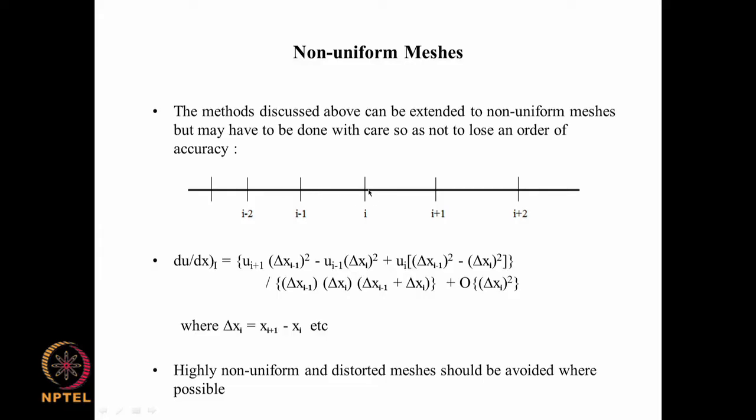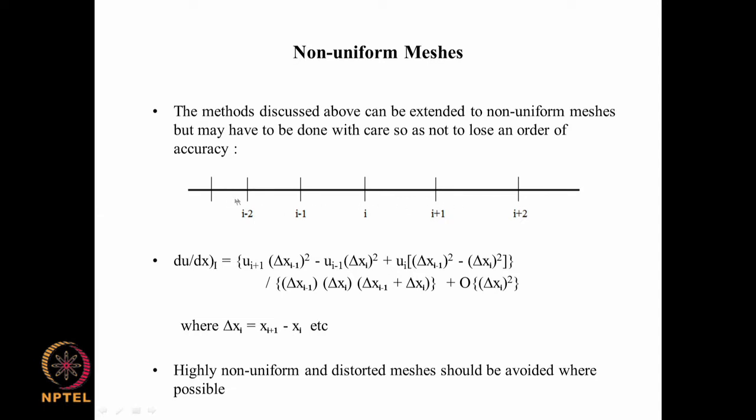This is the ith node, this is the i plus 1 node, i plus 2, i minus 1 and i minus 2, and you can see that the spacing between these two is different from between these two and between these two. Although it is shown to be gradually increasing, almost by proportion like a geometric progression, it is not necessary that it should increase in a specific way.